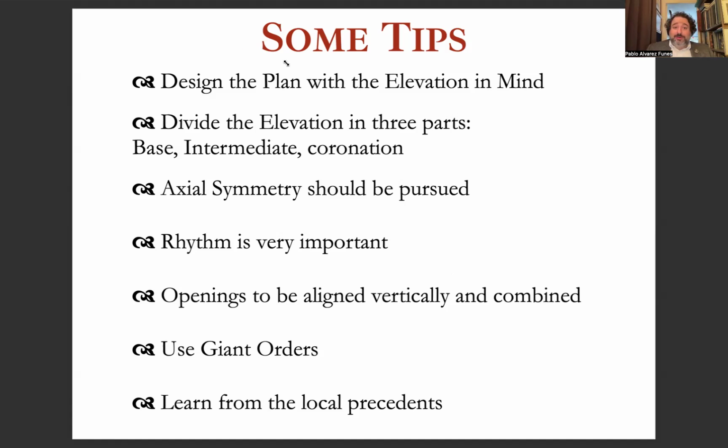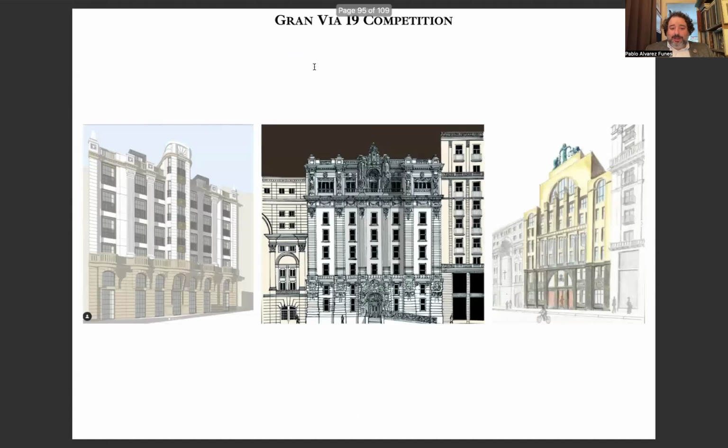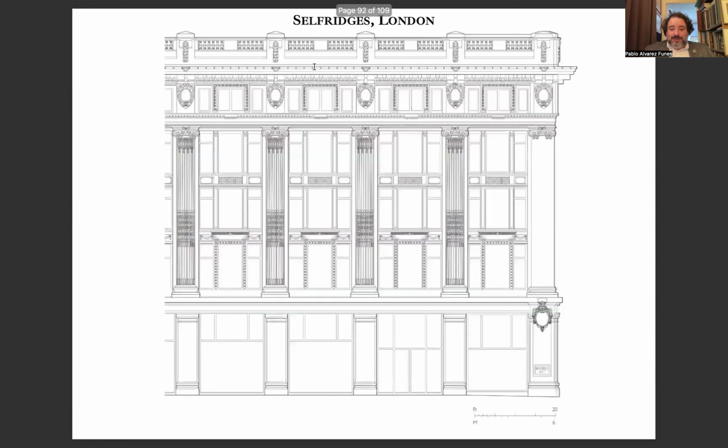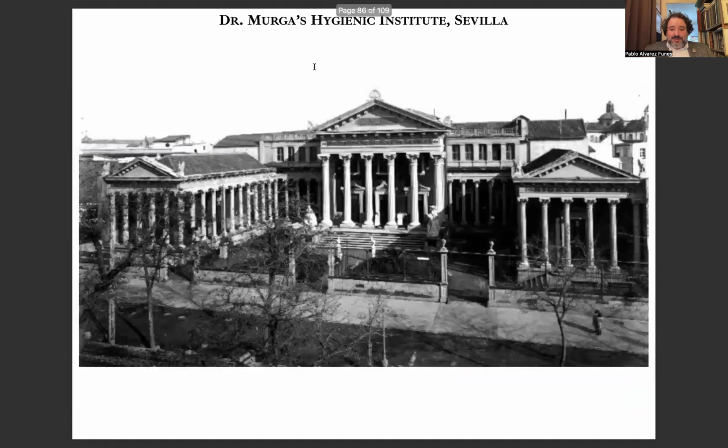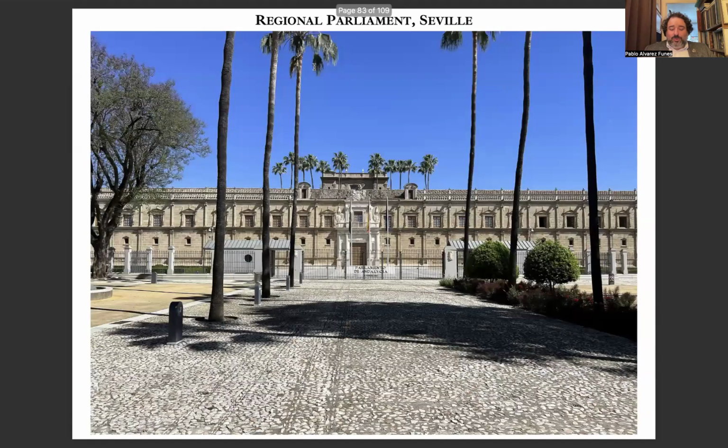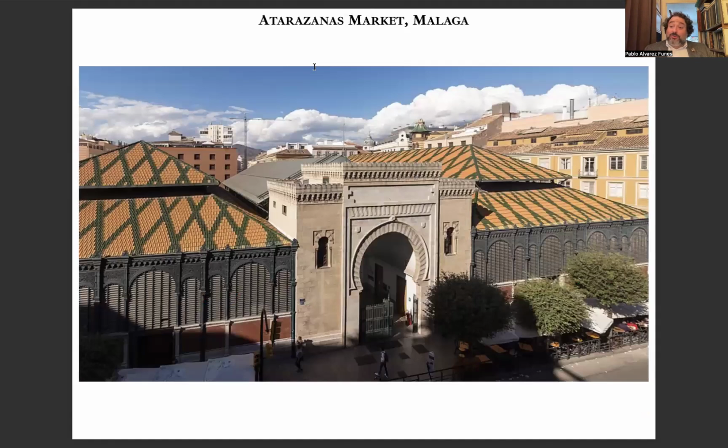Okay, let's try to go back. I'm trying to find one where you could say, okay, what do we do with this? If you define it into styles, what do we do with this? Is it Islamic? Is it cast iron? Is it eclecticism?